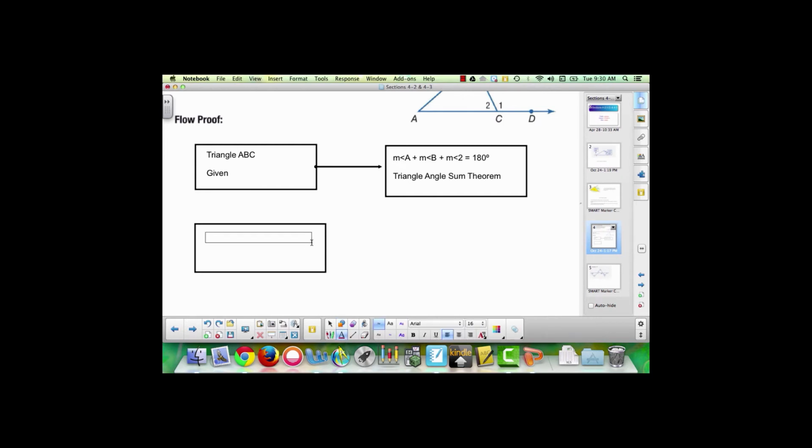This time my statement is the measure of angle 2 plus the measure of angle 1 equals 180, and this is because of the supplement theorem.